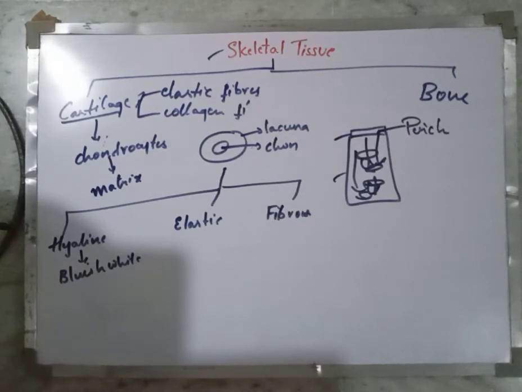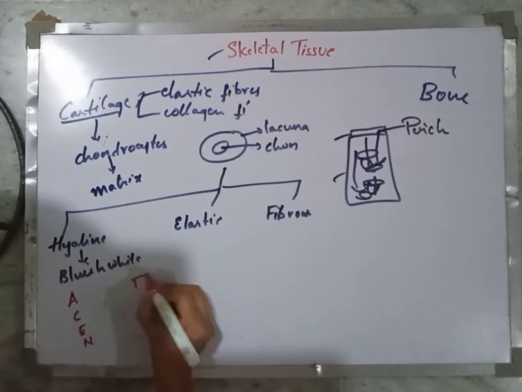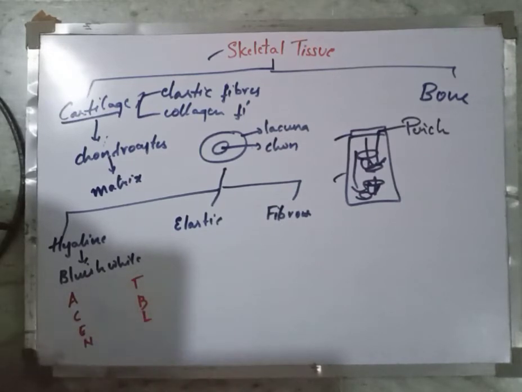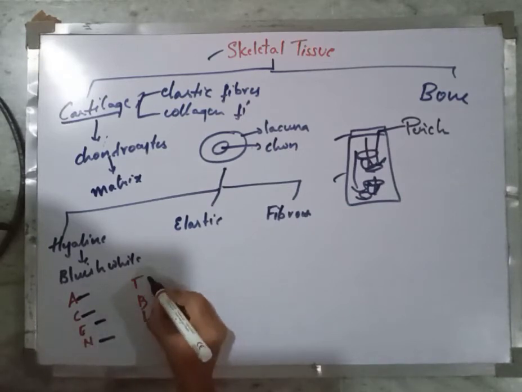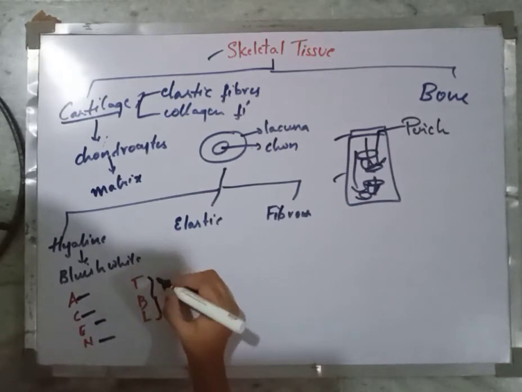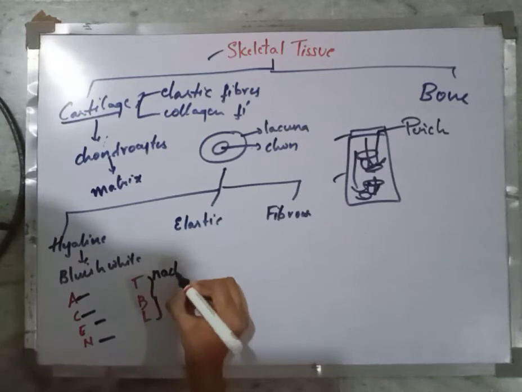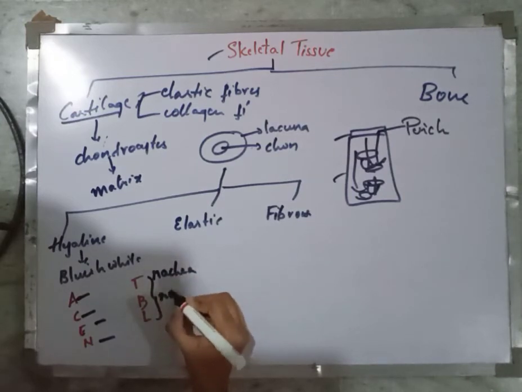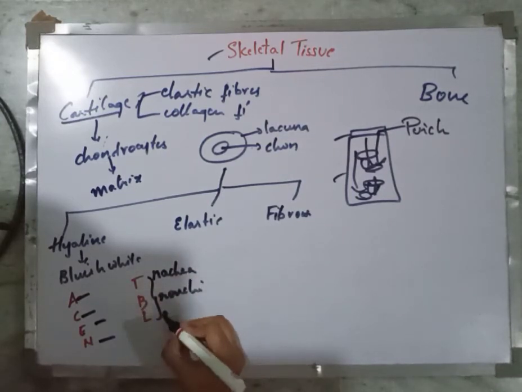So the important examples to remember is ASCENT-BL. A means articular cartilages, C means costal cartilages, E means epiphyseal plates, N means nasal septum, and T, B, L are the trachea, bronchi, and the larynx.